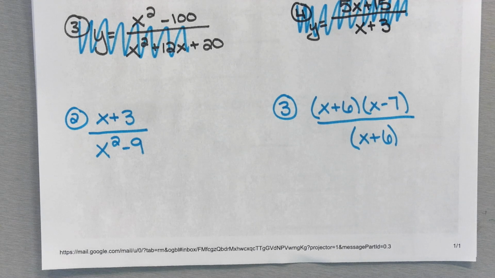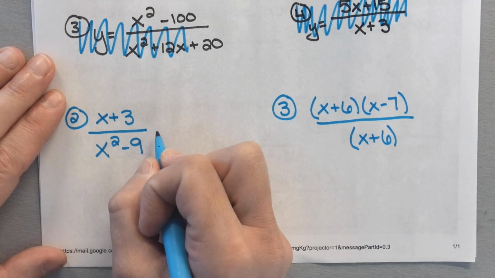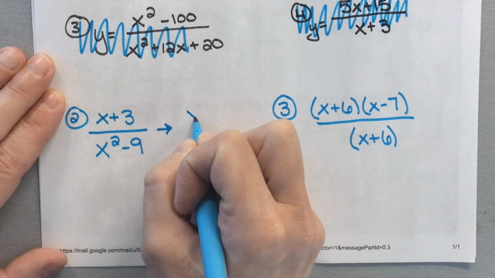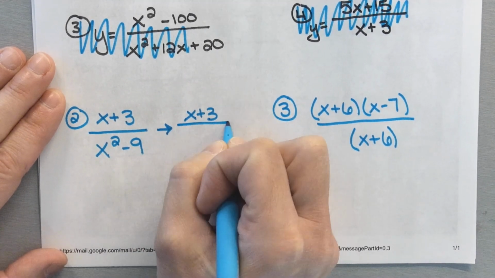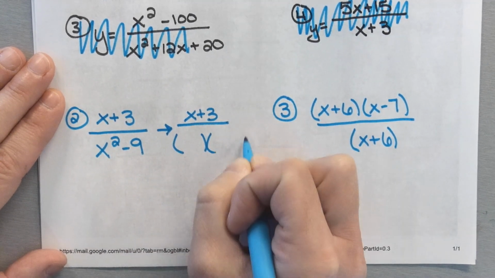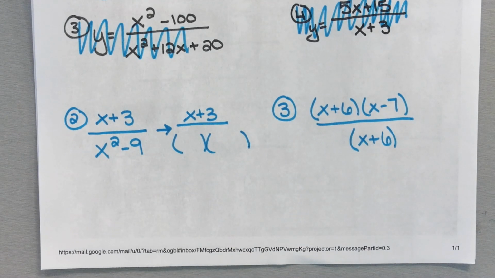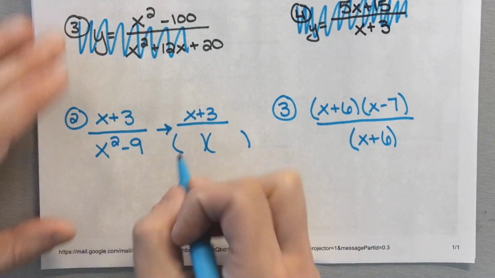So number 3 is actually the easiest of all. Let's factor number 2. I can't do anything to the top, agree? It's x plus 3 all day long, nothing we can do. Difference of squares in the bottom, what can that factor into?